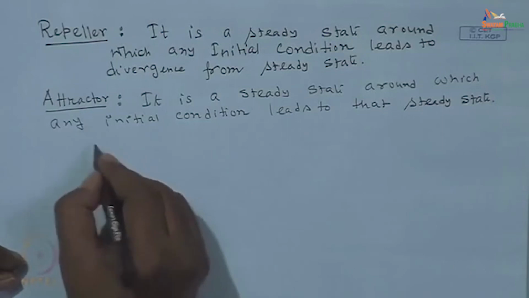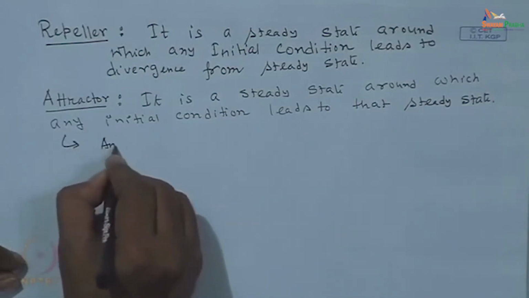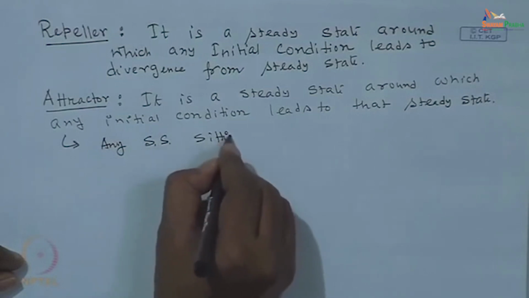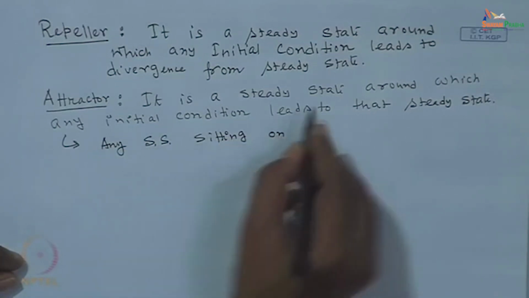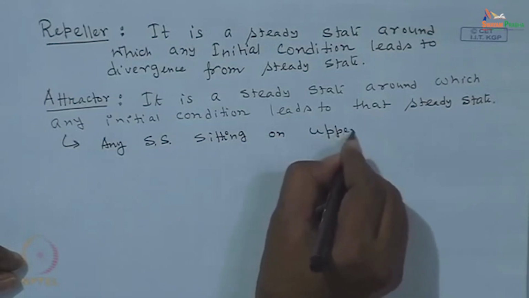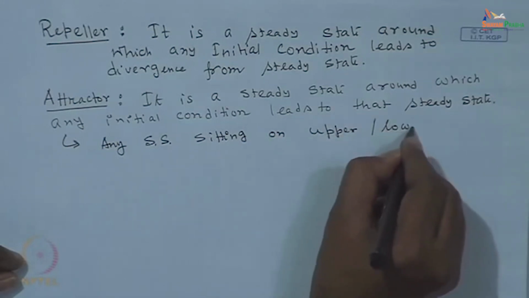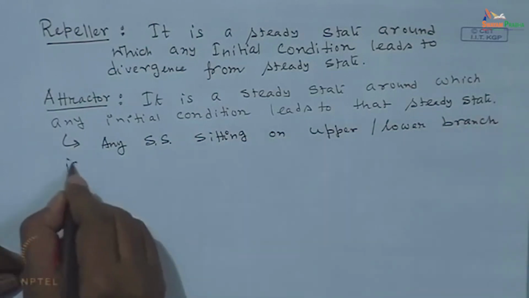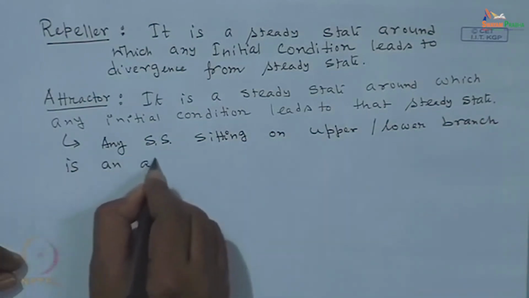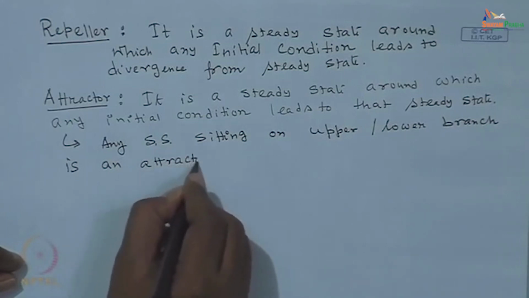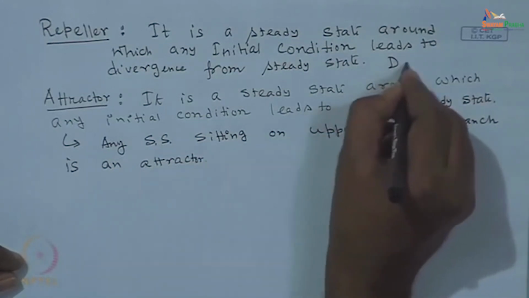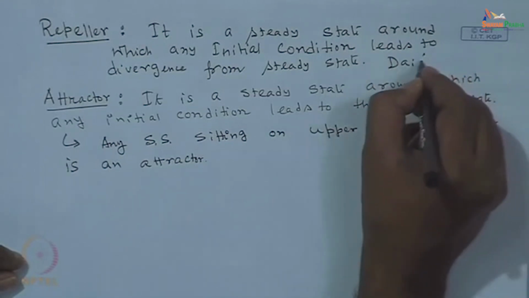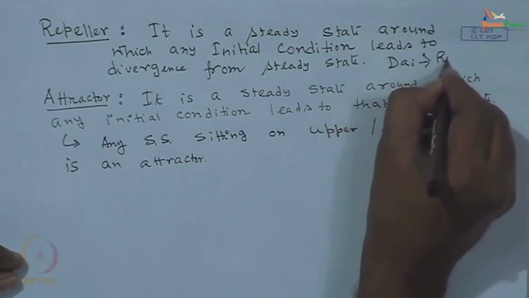In the earlier example, any steady state sitting on the upper branch or lower branch is an attractor, and dAi in the earlier example is a repeller.